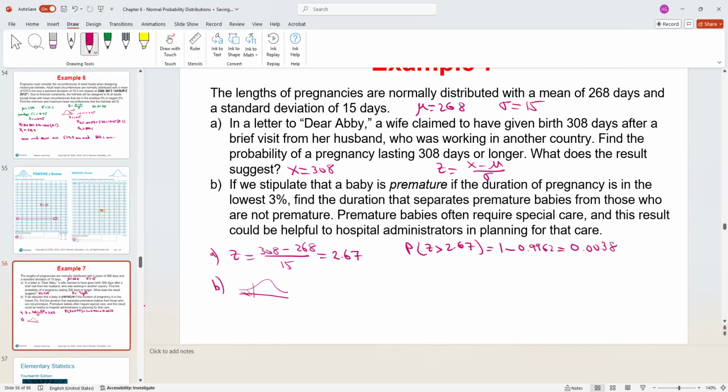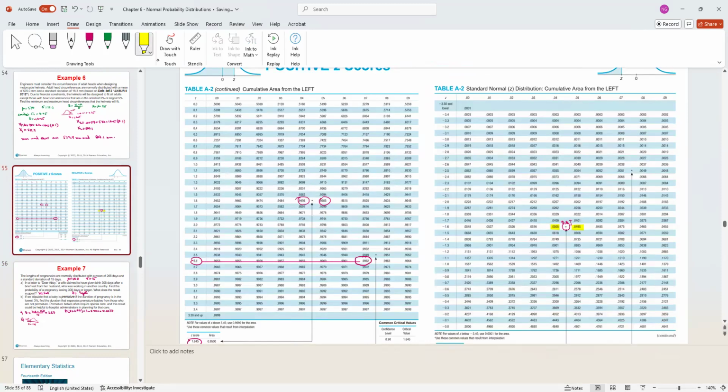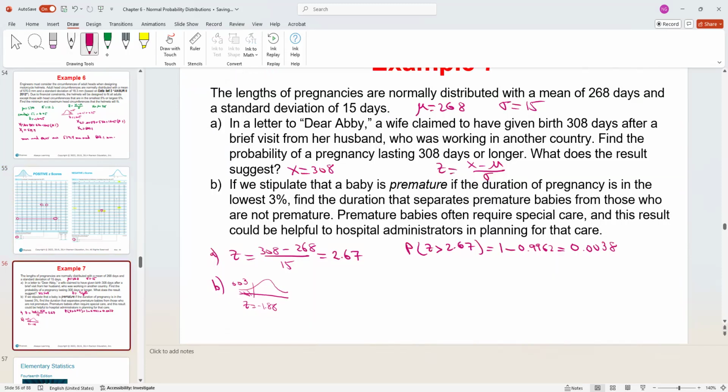Remember, because we did it before, for 0.03 the z that corresponds to this one is negative 1.88. If you don't remember it, we can always look for 0.03 in the table. Right there, you see the z it gave is negative 1.88. Because we did it before, that's why I write it.